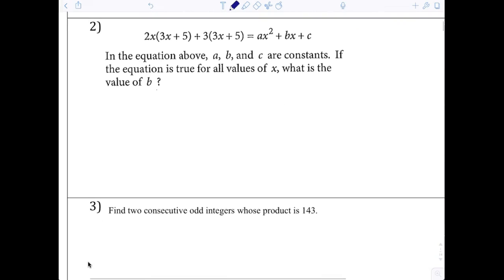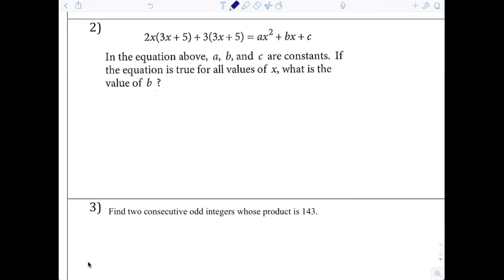All right, now number 2. I want everybody to read number 2. I'm going to give you about 30 seconds. I want to see if you know what we're talking about here. Go. Come on, you got to read it.